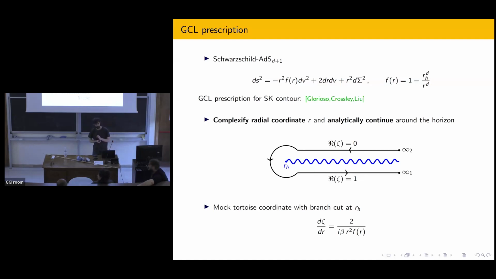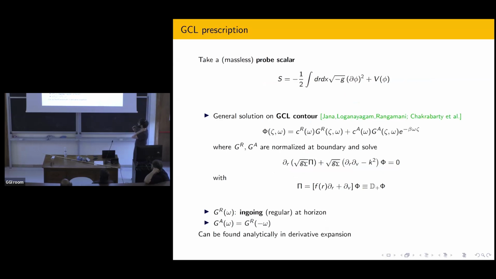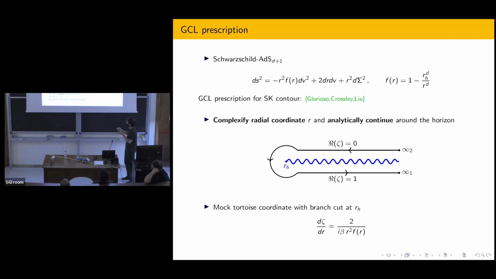All I'm saying is that I'm basically solving this Klein-Gordon equation, but you can, for example, parameterize this contour by a real parameter if you want.